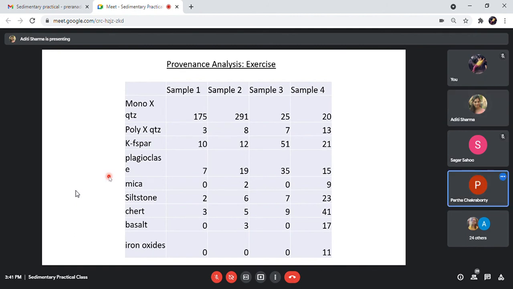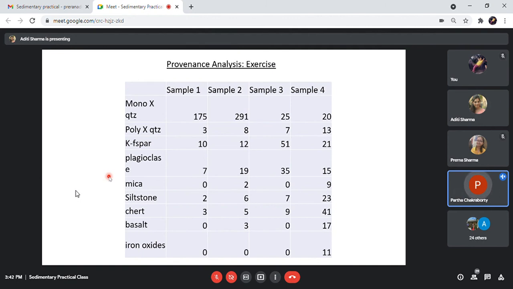Sir, can you please explain, if a sample is coming on the line, in which field should we keep it? If a sample falls on the line, then we cannot directly assign it to either of the fields. We write that it is falling on the line between the two, and tell that it is from this to this field. So it is transitional.